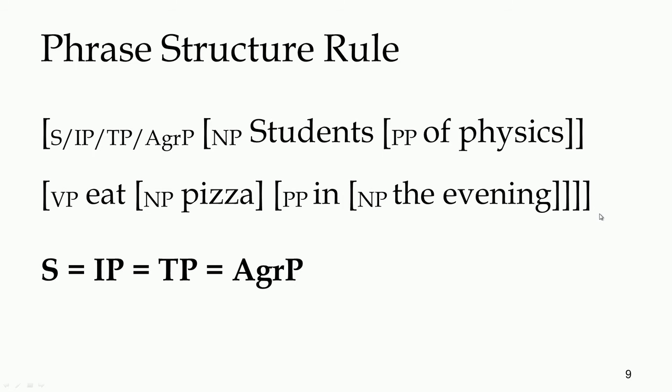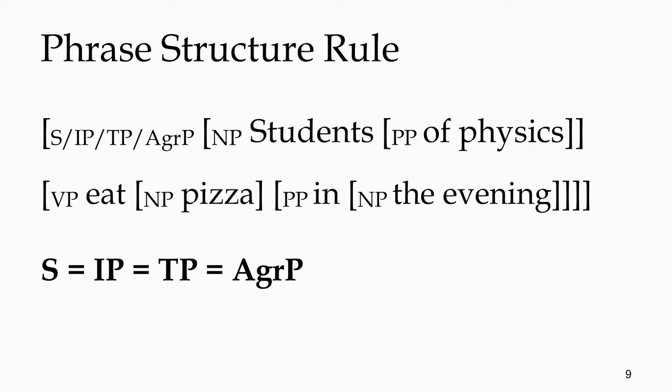If we want to look at this thing in some other terms, this is how they look. Students of physics eat pizza in the evening. The whole thing is an S. Then students is an NP by itself. Of physics is a PP. Eat pizza in the evening is a VP, where eat is V and pizza is an NP.